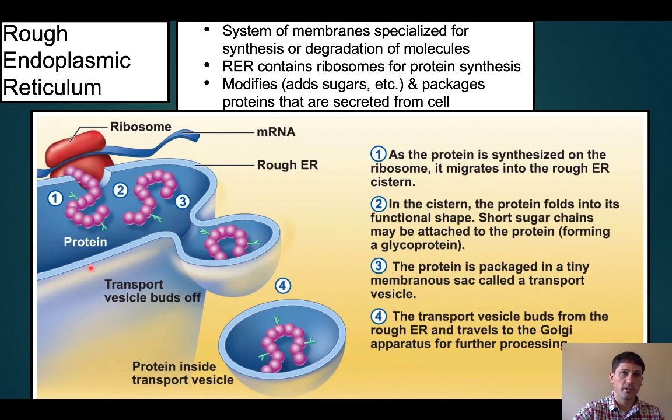If you look here, we can see that ribosome reading that mRNA template, creating a protein. That protein comes in, it's modified, and it's packaged into a transport vesicle. That transport vesicle then is sent over to our Golgi apparatus.